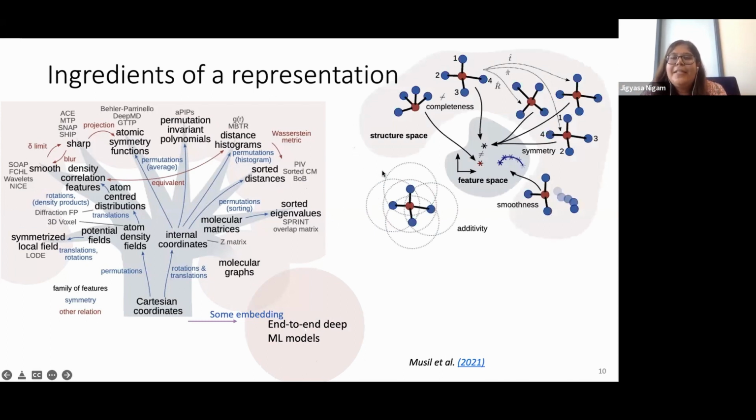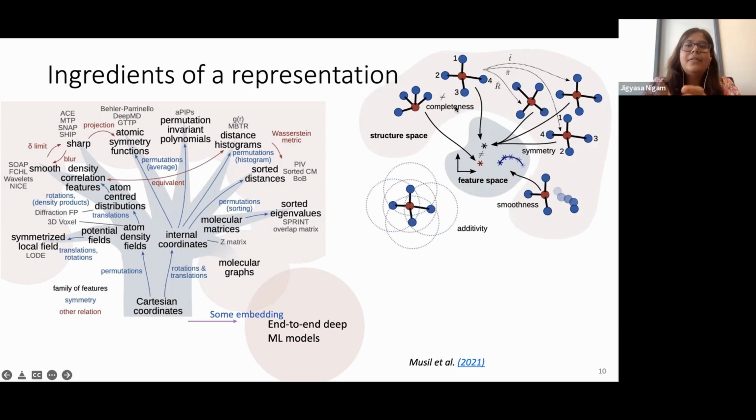And these have been successful because of these ingredients which now fall within our spice box. So I talked a lot about symmetry, and that has played a major role in extending atomistic models to learning more complicated targets such as dipole moments or polarizabilities, in addition to just the interatomic potentials. There is this concept of locality and additivity, because we've been constructing our representation of a structure as a sum of local contributions.